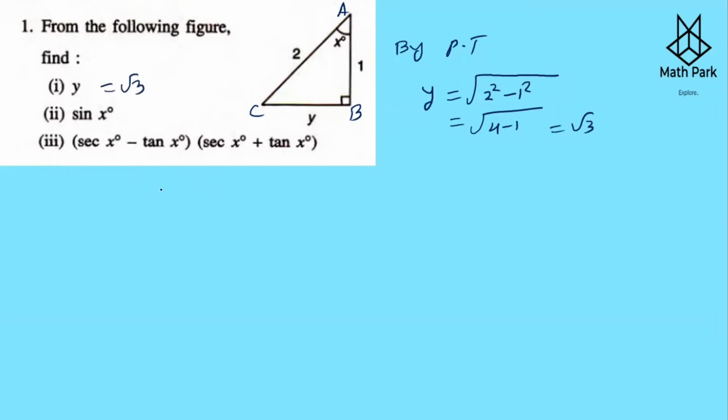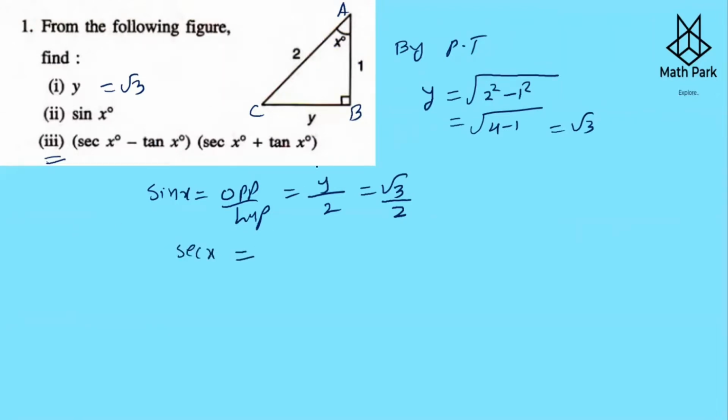Secondly, we are asked to find sin x. Sin x is equal to opposite upon hypotenuse. With respect to x, the opposite is y, so it is y upon 2, which is root 3 upon 2, the value of sin x. Next, we are asked to find sec x plus minus tan x. First, let us write the values of sec x and tan x.